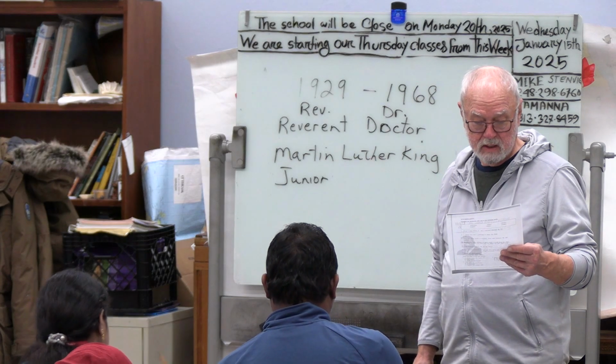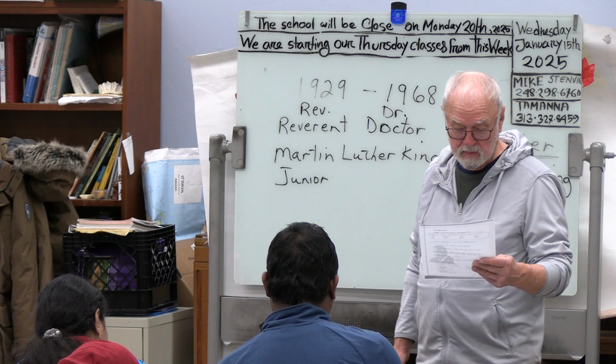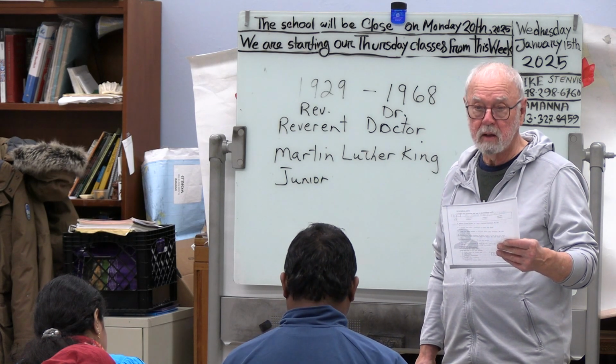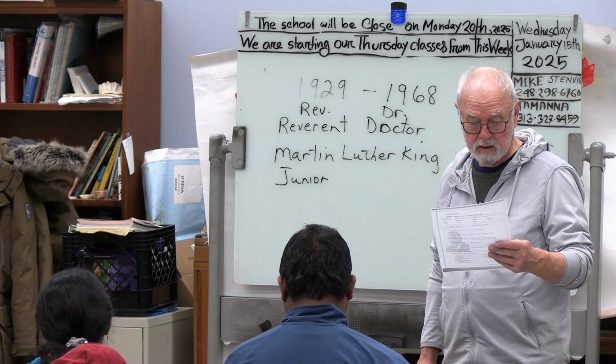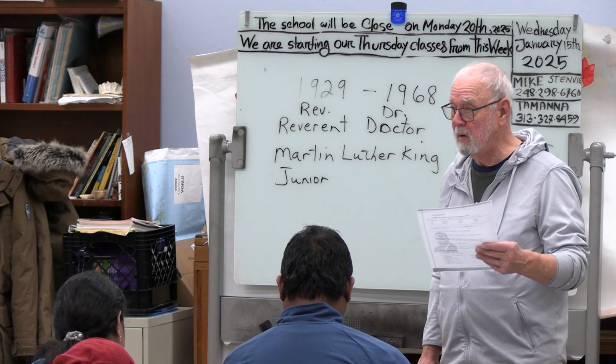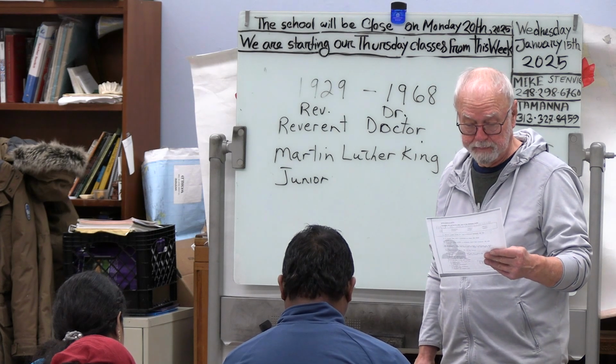Martin Luther King Junior was a black clergyman from Atlanta, Georgia.